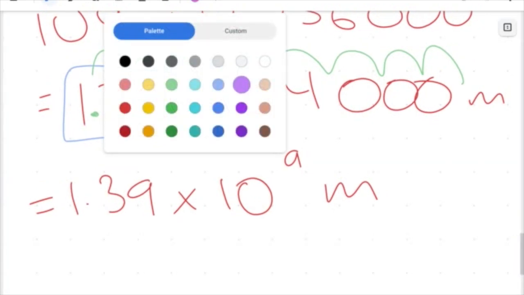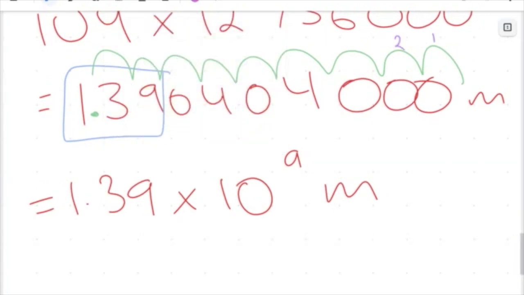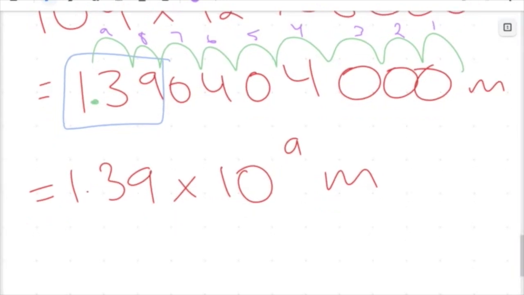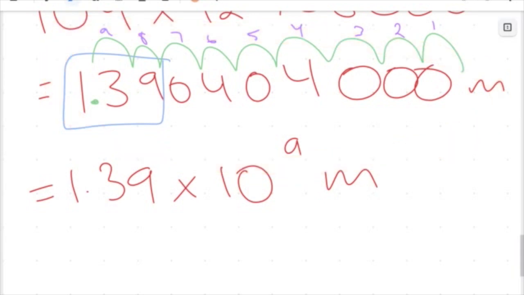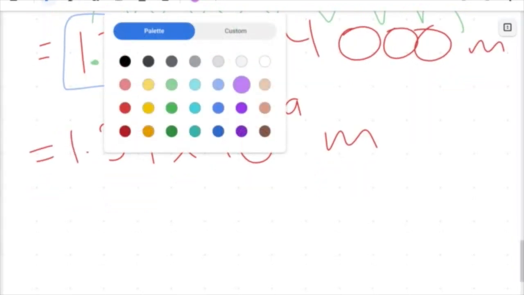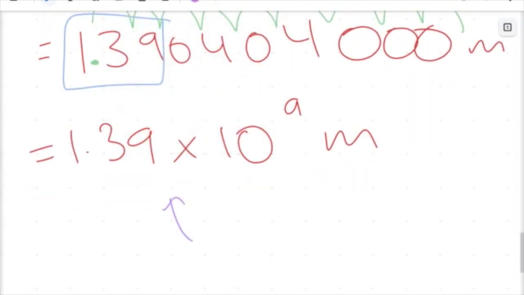Because if we count, just to double check, 1, 2, 3, 4, 5, 6, 7, 8, 9. So we can make this number back, the one up here, by taking 1.39 times 10 to the power of 9. But you can see this thing on the bottom is way more compact. It's way nicer and more compact to look at.